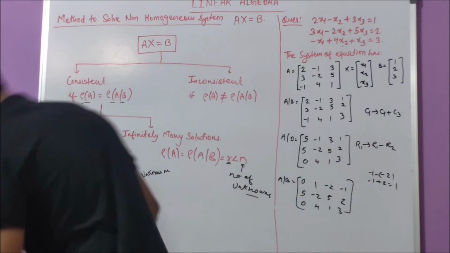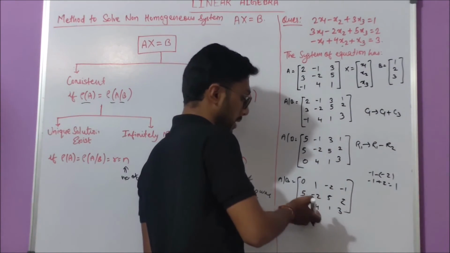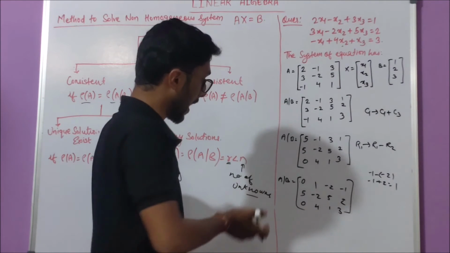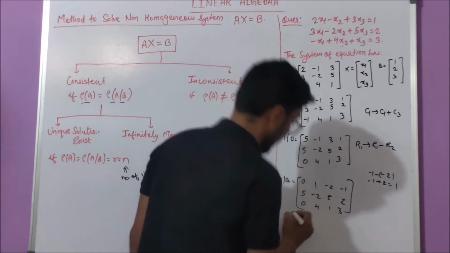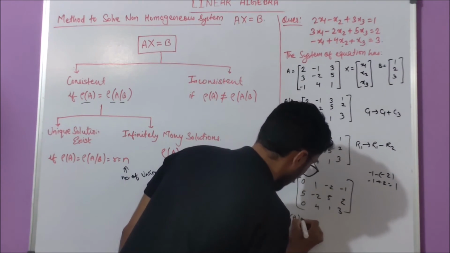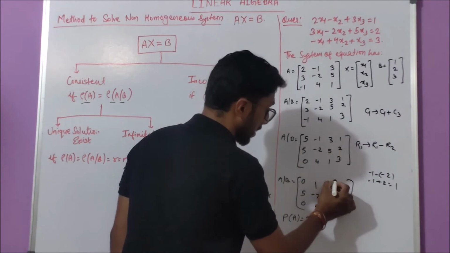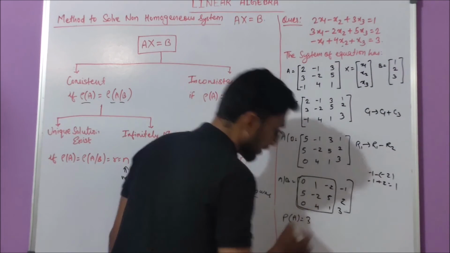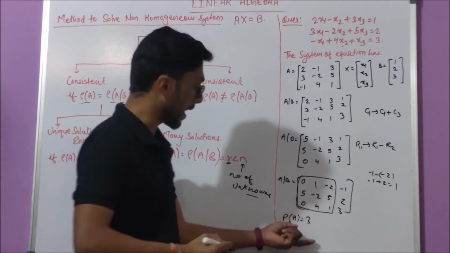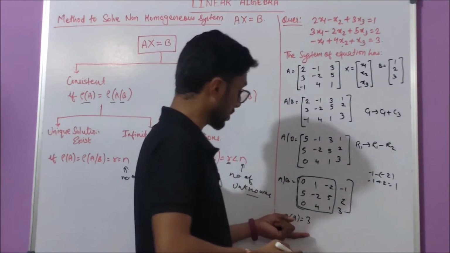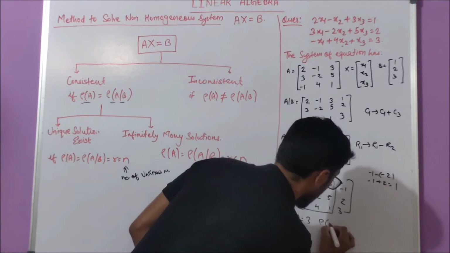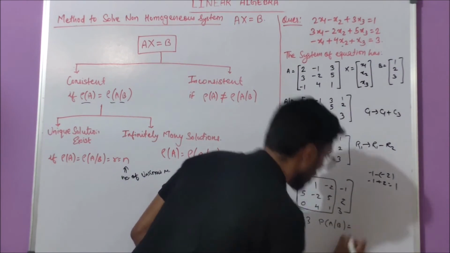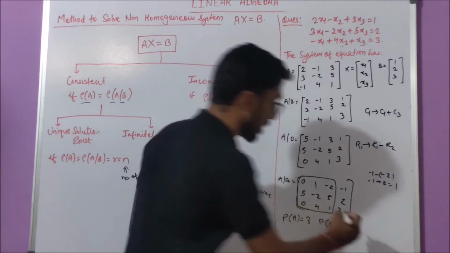So we will stop here and we see that the number of non-zero rows is 3, and the rank of A is 3, because this part of the matrix is the A matrix, and its rank is 3 because the number of non-zero rows is 3. The rank of AB is also 3 because the number of non-zero rows is 3.